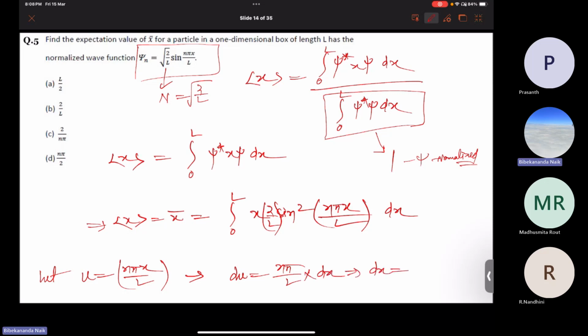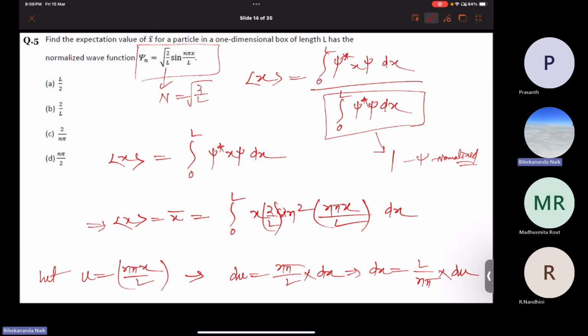So dx will be L by n pi into du. So what will be the value? X bar will be 2 by L times (L by n pi) square, the integral from 0 to 2 pi of u sine square u du.